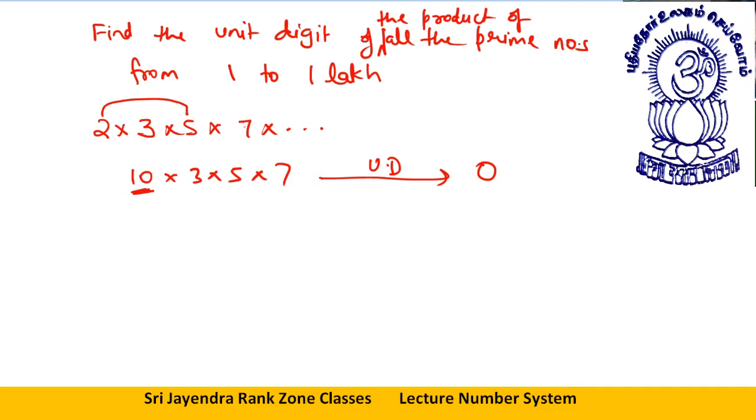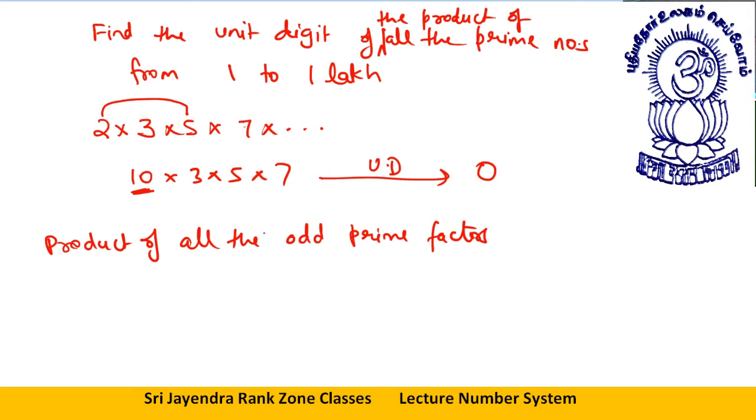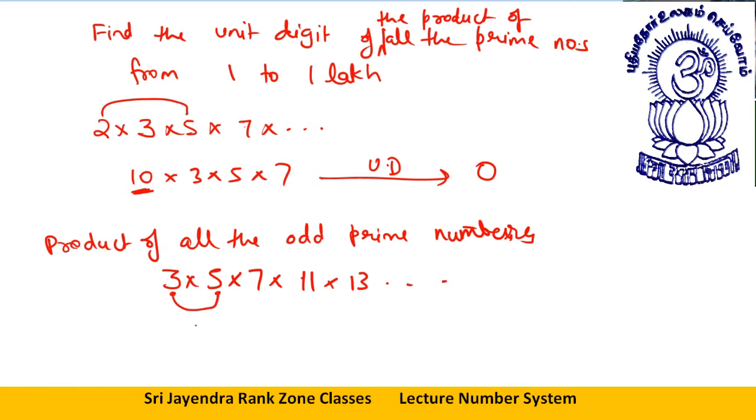Next question is, find the unit digit of the product of all the odd prime numbers. It does not matter, let's say to infinity. But again, when we start 3 into 5 into 7 into 11 into 13 and so on, the moment I multiply any odd number with 5, I'll get a 15.